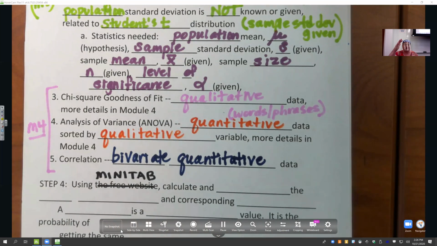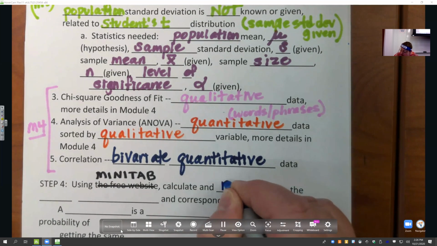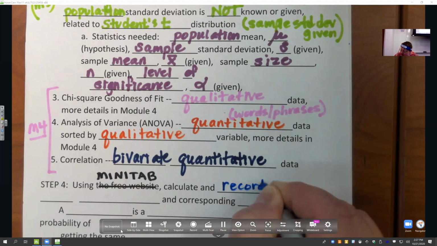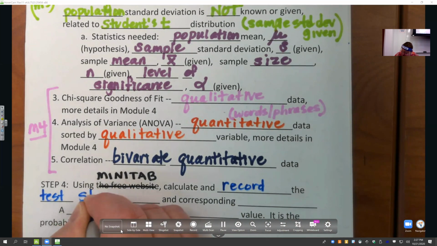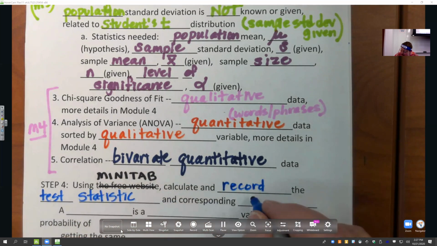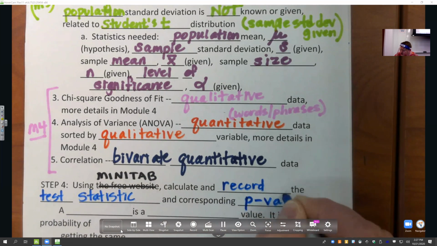Okay, so after you've proposed your hypothesis, you've identified your information, you've decided which test you're going to do, then you're going to do the test. So you're going to calculate and record, you're going to write it down, the test statistic based on your data and the corresponding p-value.